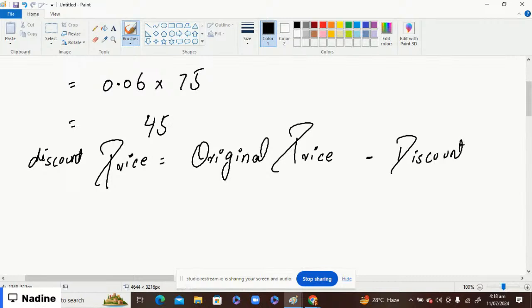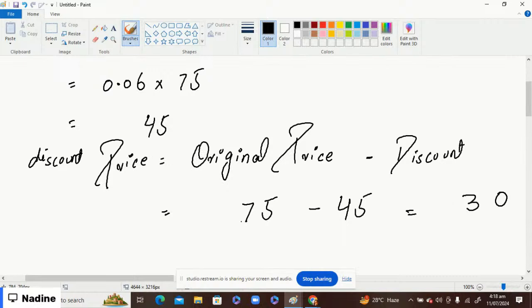Okay. Now the original price, how much is the original price that is given in the question, which is 75, and how much is the discount, which is 45. So when we subtract both of them, you get the answer 30. So the discount price was $30.